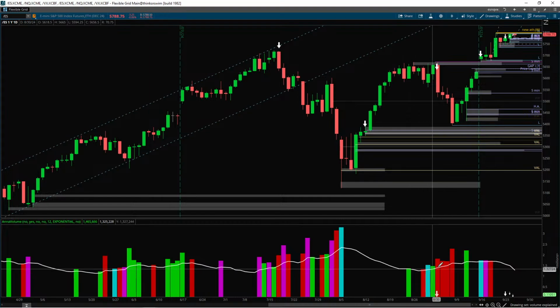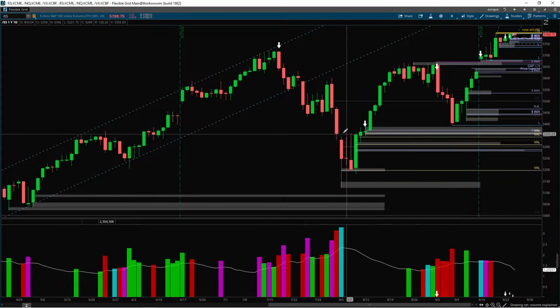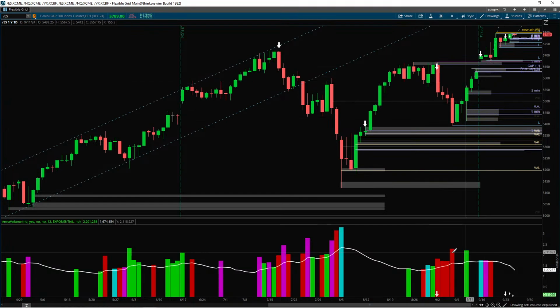Then price decided to just sell off. Very strong selling. I think there was something around here. And then price caught a bid and reversed. Got above this level here, came back, retested, and then pushed up. All right.